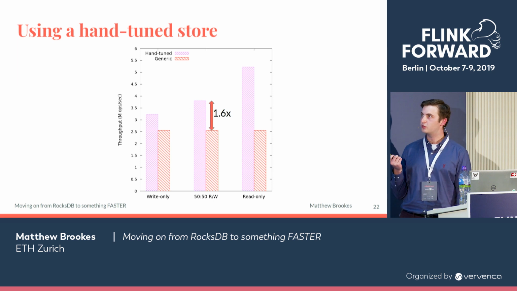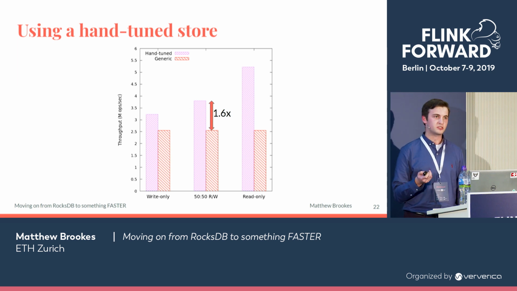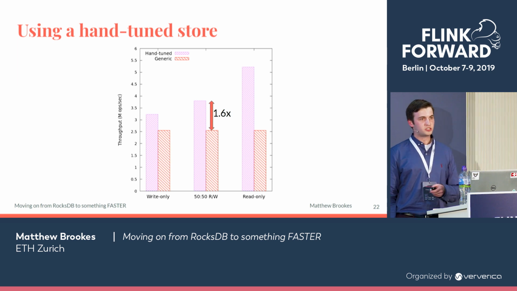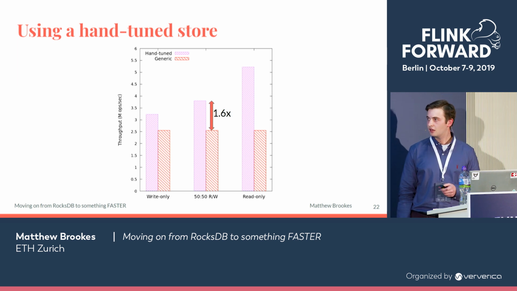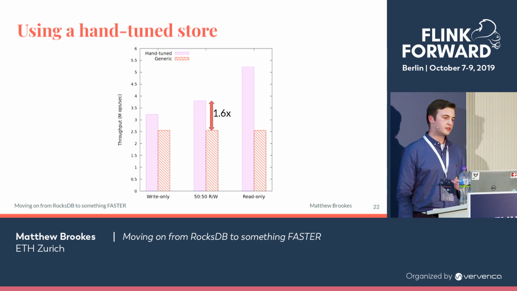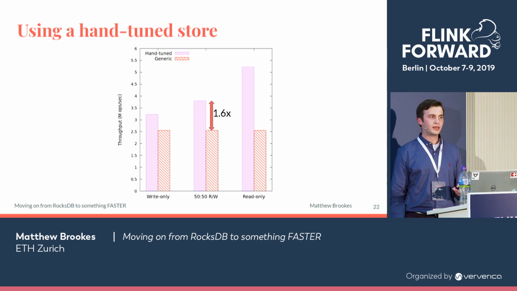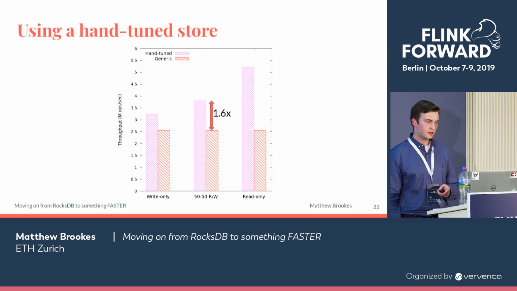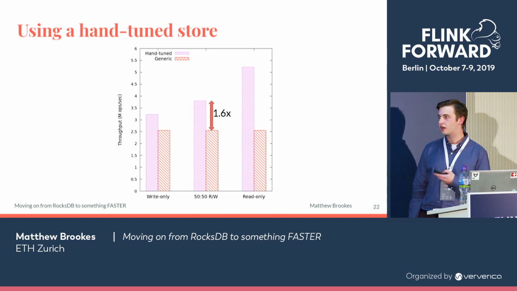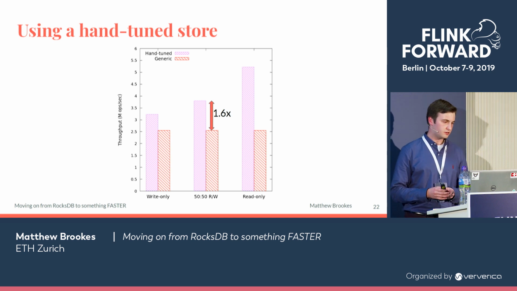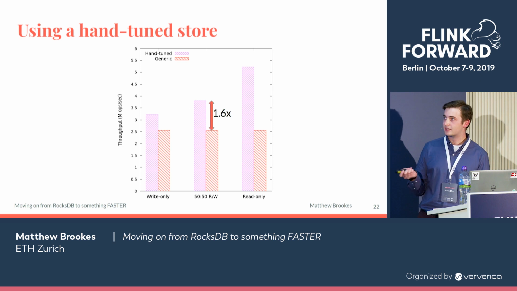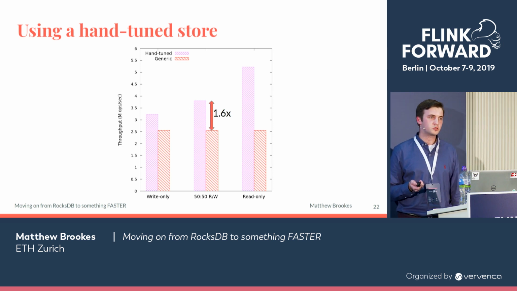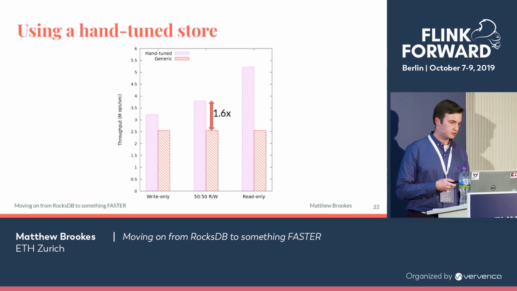We've done this using both a hand-tuned implementation, which knows that it's going to be storing integers, so it's able to just write the integers directly, and a generic one, the FASTER RS that we've seen earlier, which has to do serialization, acquire a lock, and store extra information such as the size and the length. In our general case of a 50-50 read-write workload, we can see there's a 1.6x speedup by using a hand-tuned store rather than our generic store.